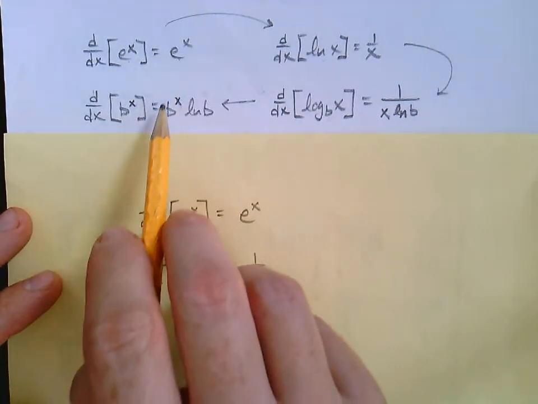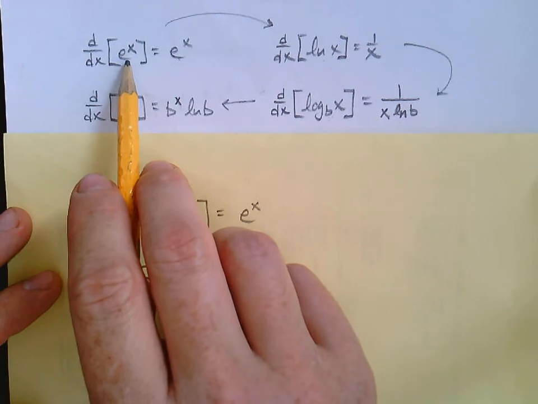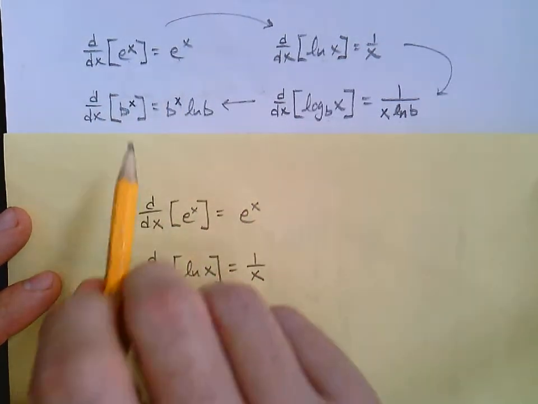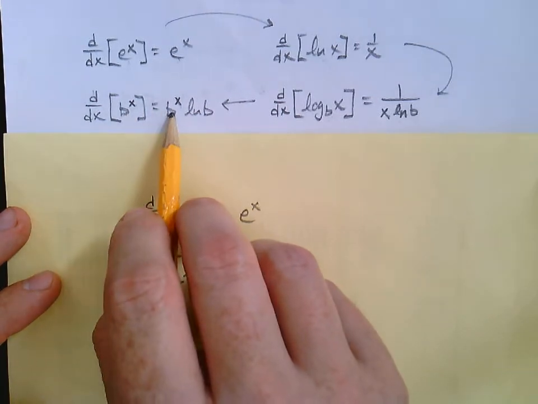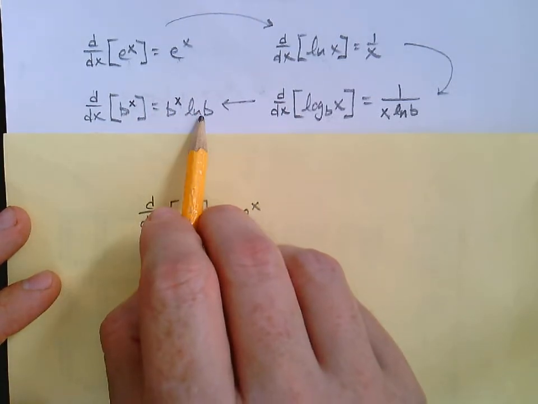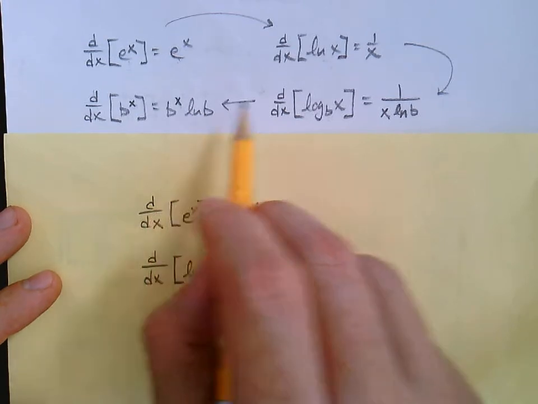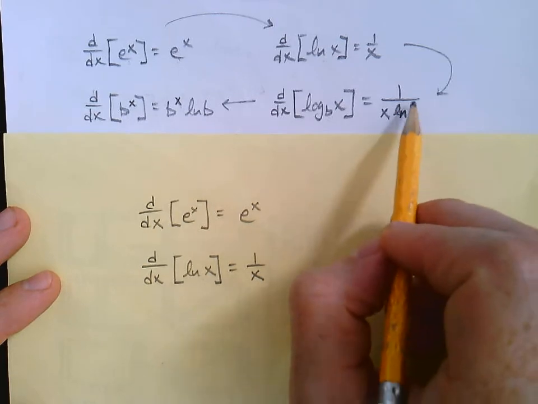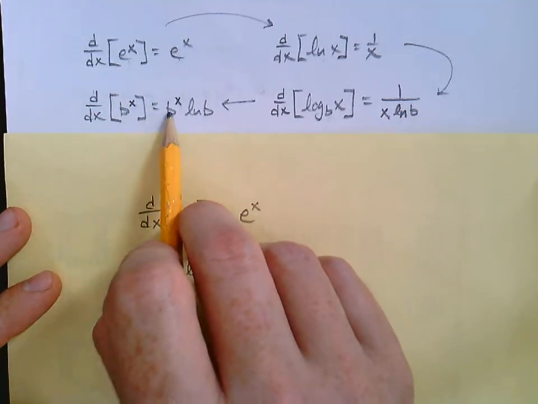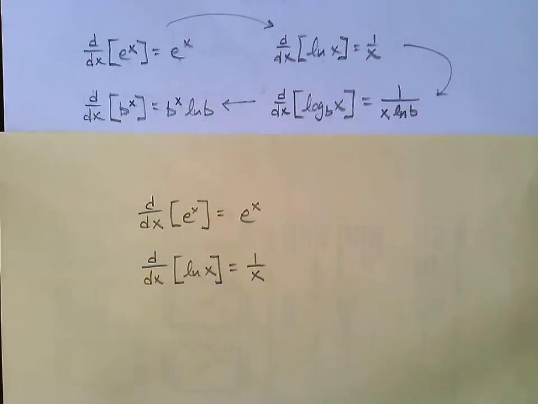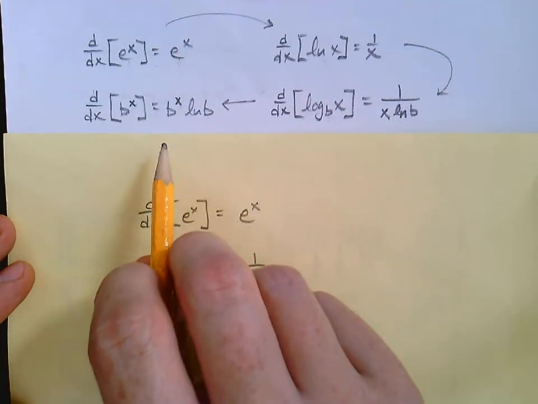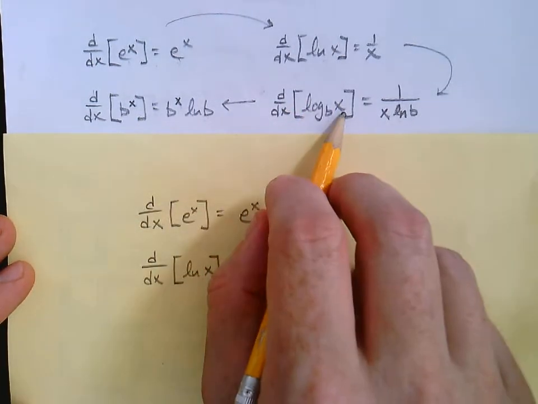So we see the connection even this way and this way. e to the x is just e to the x. b to the x, we still repeat it. We still have b to the x, but then multiply by the natural log of b, in just the same way as this denominator here. It's still 1 over x, but then multiply, still copy itself, but then multiply by the natural log of b. It's interesting. It turns out that e to the x and the natural log of x are special cases of these more general formulas.